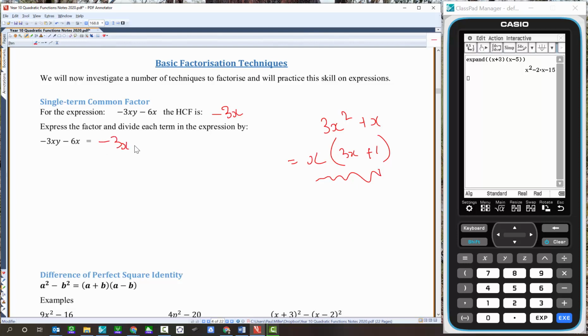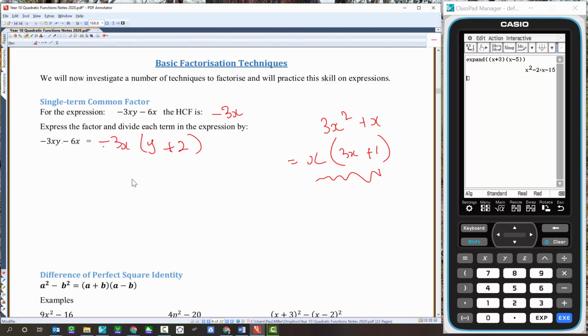Let's pull it out, open up our brackets, and reconstruct this term. So negative 3x multiplied by what gives you negative 3xy? Well, it has to be y. Now, I've got a negative and I need to make a negative here, so this must be a positive, because a negative times a positive will be a negative. Now, negative 3x multiplied by what gives me negative 6x?